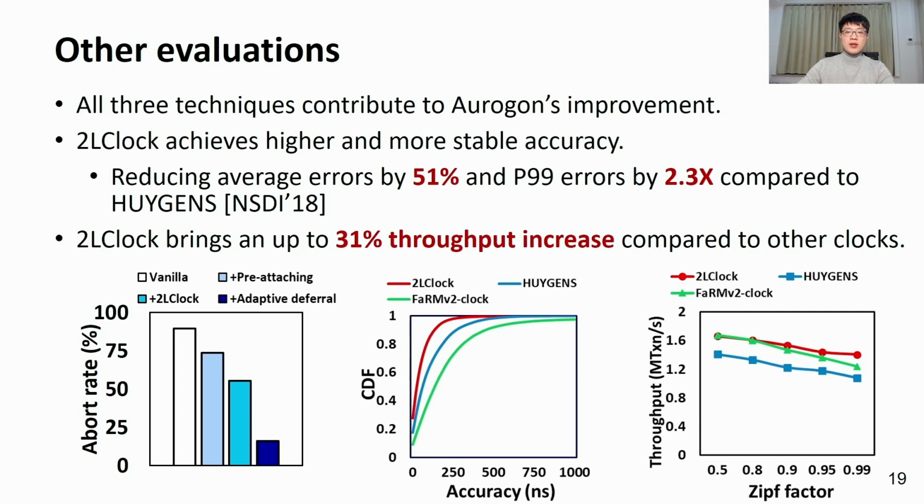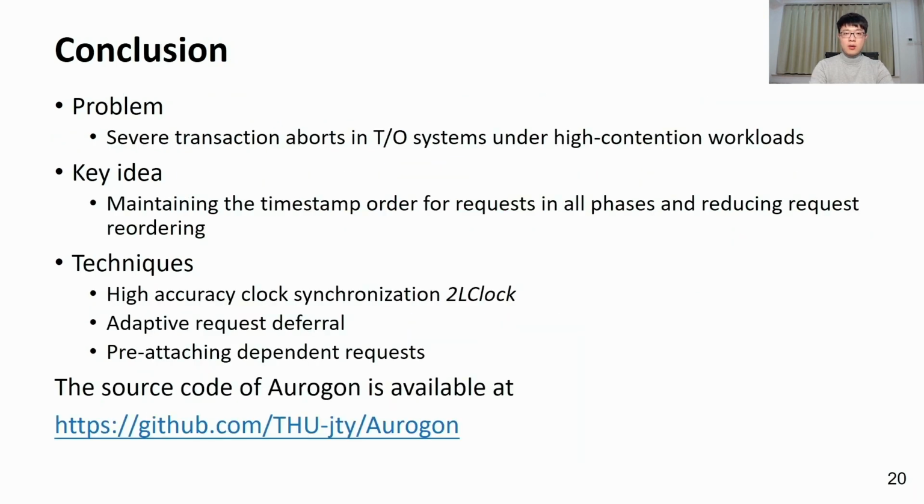Meanwhile, we also replace 2L clock with other clocks in Aurogon to verify 2L clock's advantages. As a result, 2L clock brings up to 31% throughput increase compared to other clocks. To summarize, Aurogon alleviates request reordering in all phases of distributed transaction processing and reduces aborts.